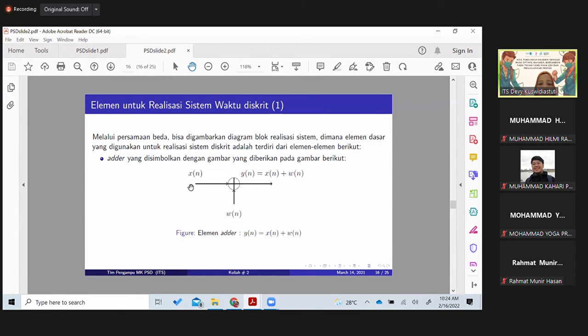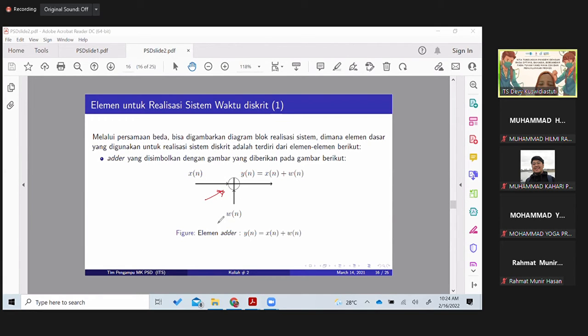So there must be an input x[n], and then if we need another input to make an output y[n], this is what we call an adder element.